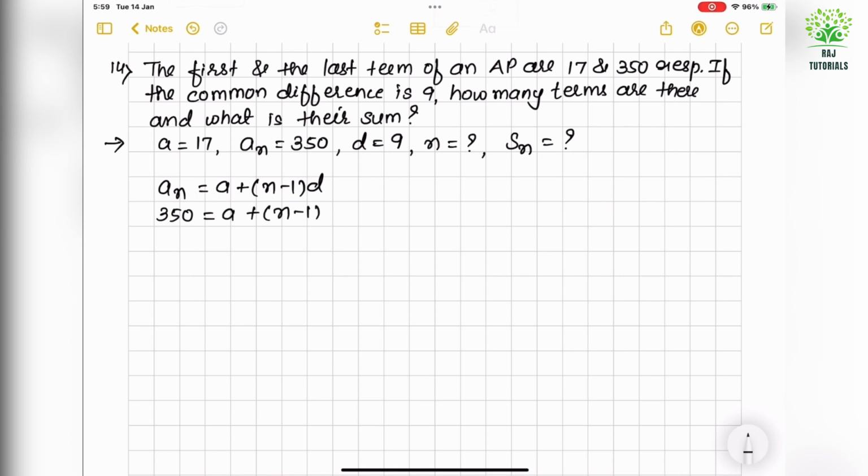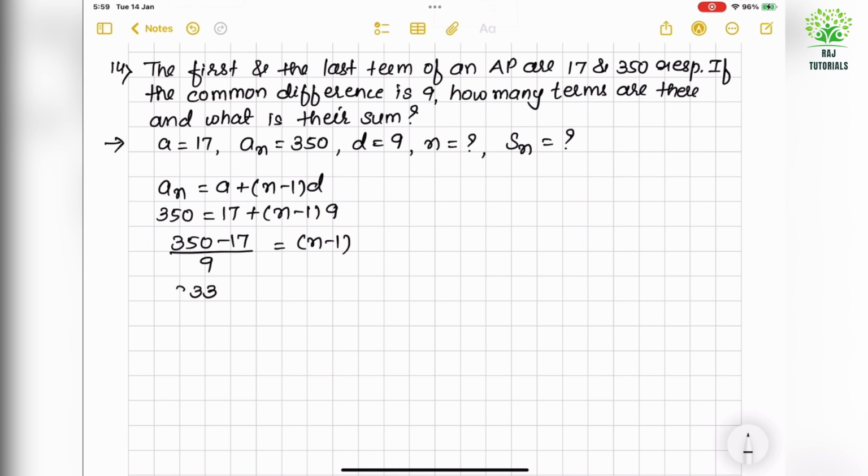In place of a, I am writing now 17. So (350 minus 17) upon 9 will be equal to n minus 1. So 10 minus 7 will be 3, 4 minus 1 will be 3, and 333 upon 9 equal to n minus 1.